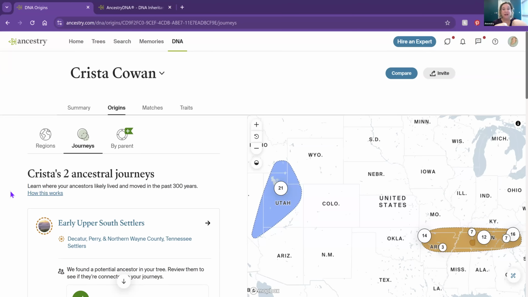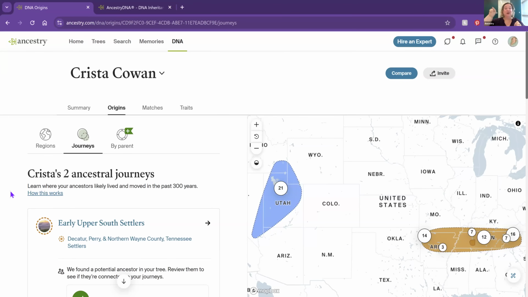So if you have something that comes up in a journey, this is a population of people that you are connected to. Now, it may be because somebody immigrated somewhere 200 or 300 years ago and had a bajillion descendants. That's a legit word.